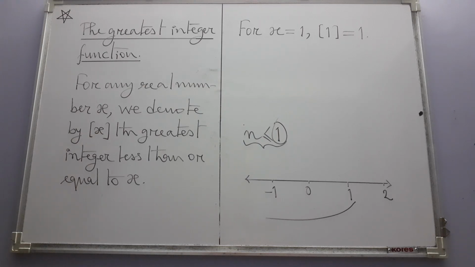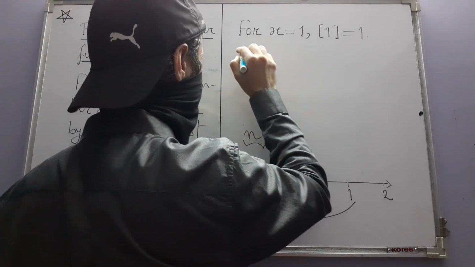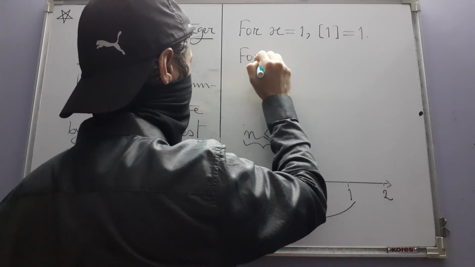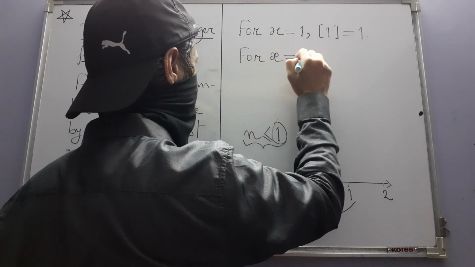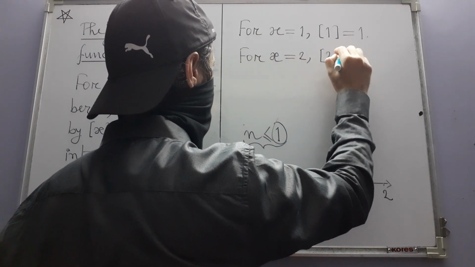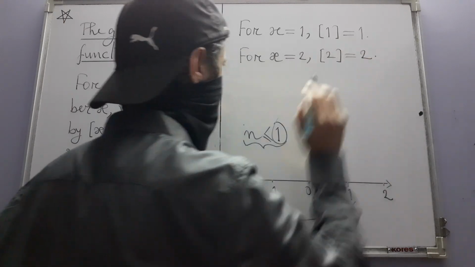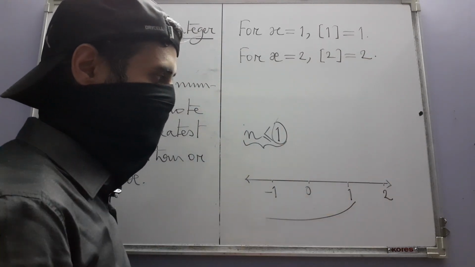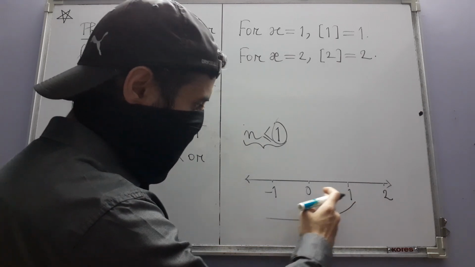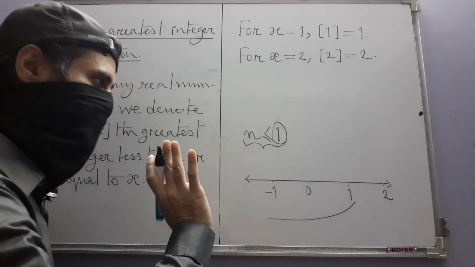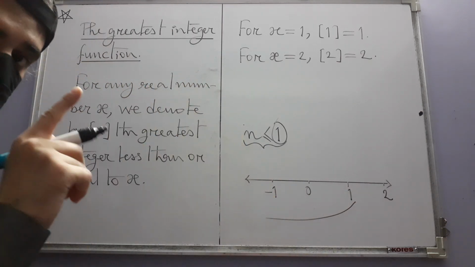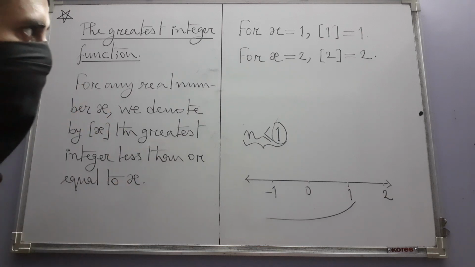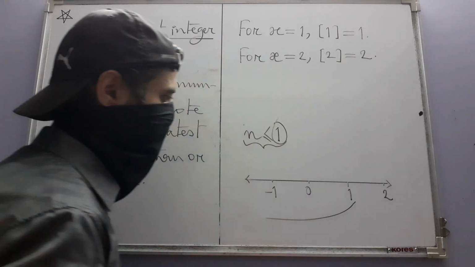Similarly, if you think of the greatest integer less than or equal to 2, you should then get 2, because now 2 is also included. These integers all are less than or equal to 2, but 2 is also itself less than or equal to 2. So you get this.